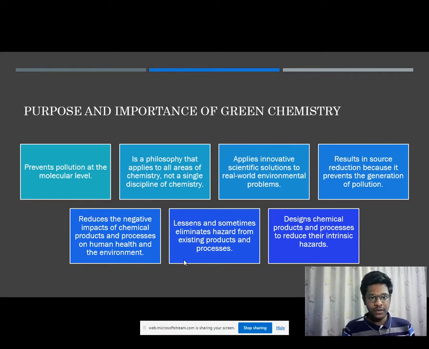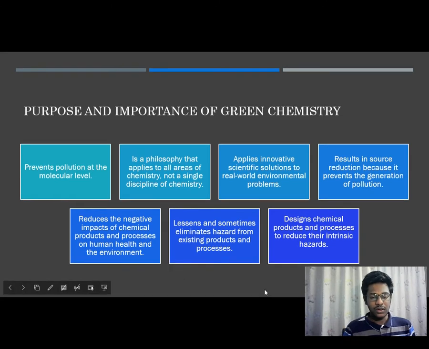Moving on, what is the purpose and the importance of green chemistry? These points are as follows. It prevents pollution at the molecular level. It is a philosophy that applies to all areas of chemistry, not a single discipline of chemistry. No matter what chemistry is included, that is a place where green chemistry also plays a major role.